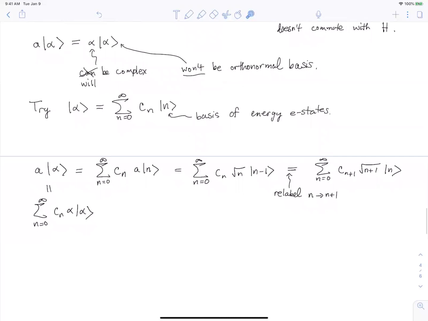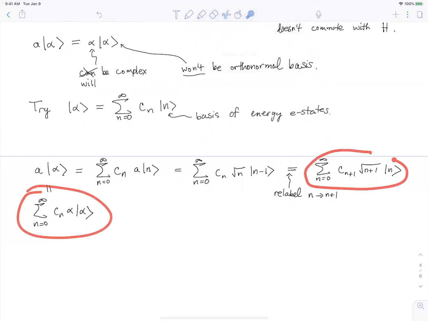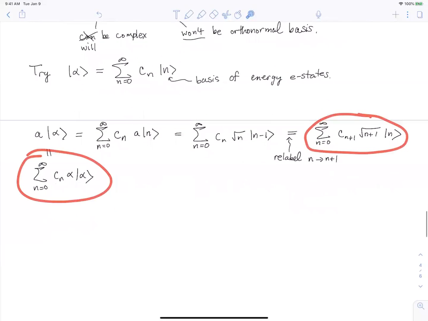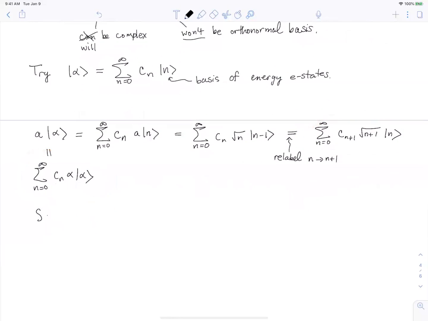Okay, so now we compare this expression to that expression. And what we learn is that C_{n+1} has to equal the number alpha over square root of n plus 1 times C_n.